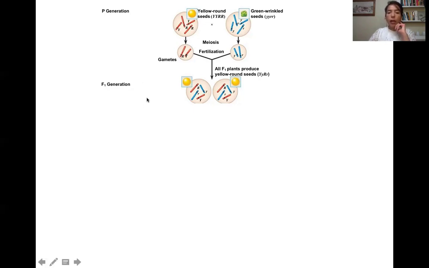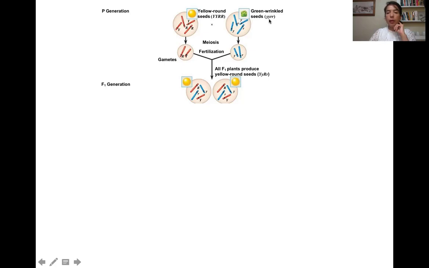So now let's assume that we have a cross that has individuals with yellow rounded seeds, and those are big Y and big R. So the round is the dominant R, and the yellow is dominant as well. And we have also individuals that have green wrinkled seeds, and they are recessive features, both of them.